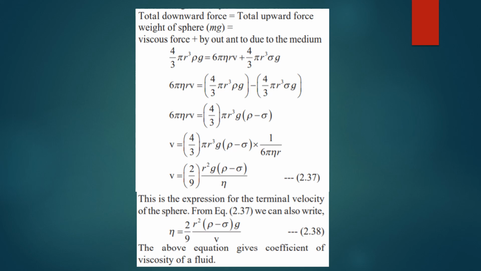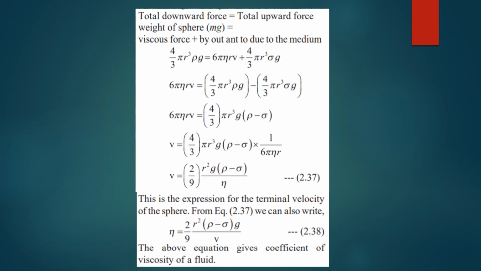The rearrangement of terms gives us the expression for terminal velocity as v = 2/9 r square g (rho minus sigma) upon eta, where, as we know, rho is the density of the sphere and sigma is the density of the surrounding medium and eta is its coefficient of viscosity.